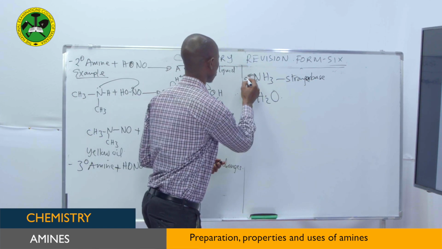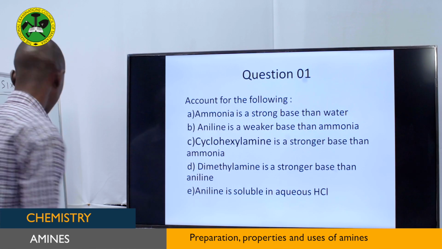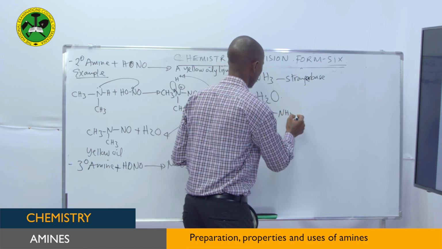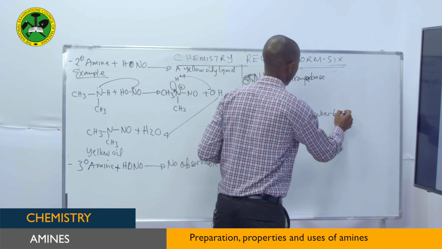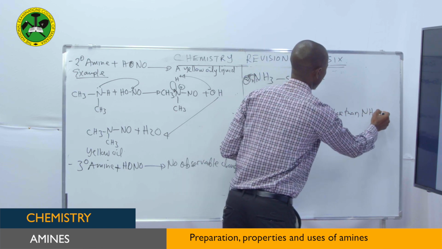For the second, this was A, B. Yes, aniline is a weaker base. Aniline is this one, phenylamine, is a weaker base than ammonia. How?